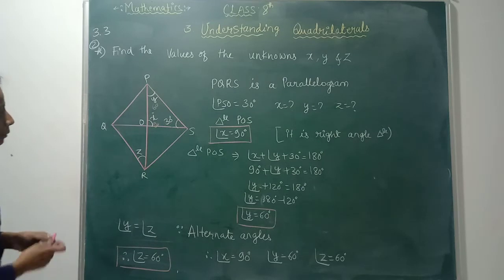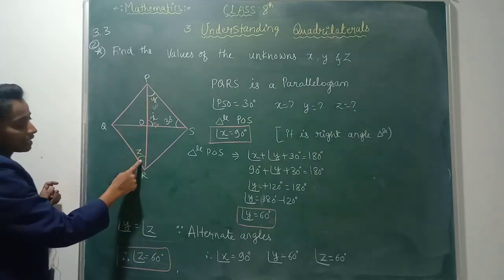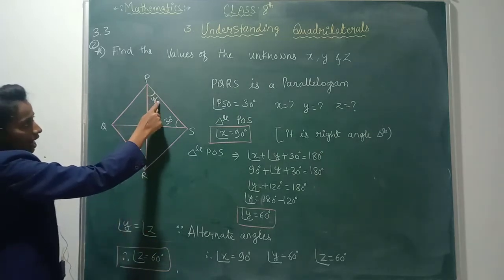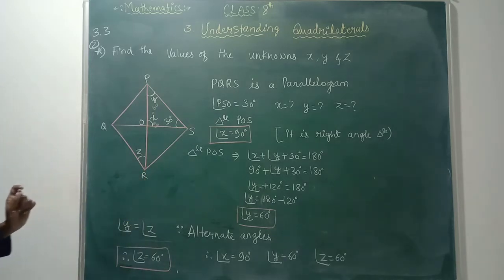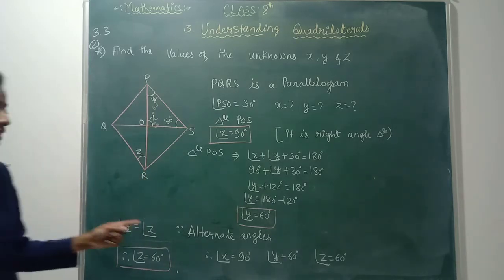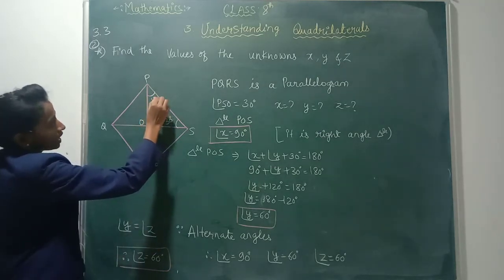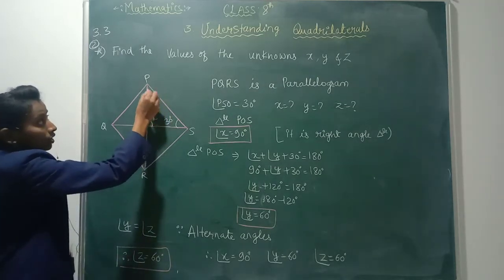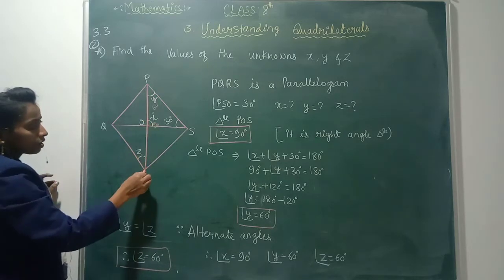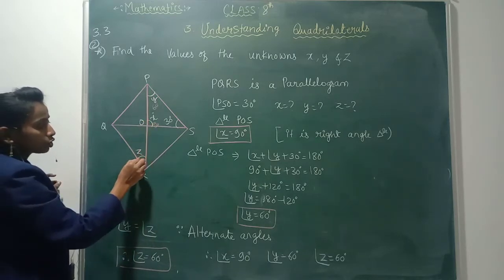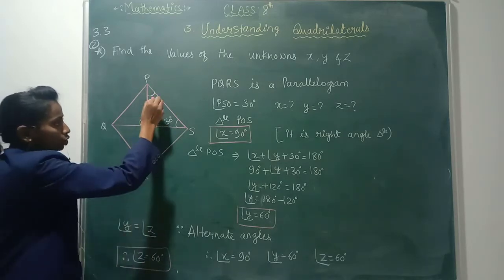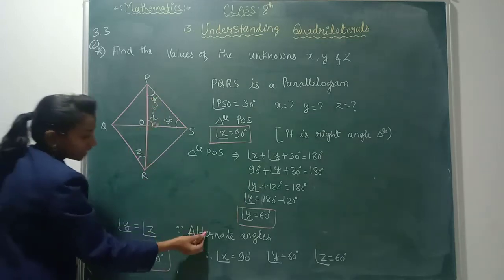So see here, angle Y and angle Z. See towards this, angle Y and angle Z become equal. Why? Because they are alternate angles. Here Y is the person, here he is standing. When he crosses the road, when he crosses the highway and comes to this point, these two angles become alternate angles.